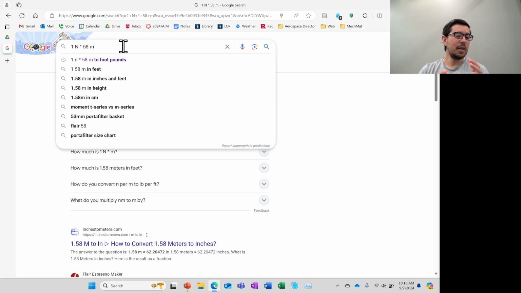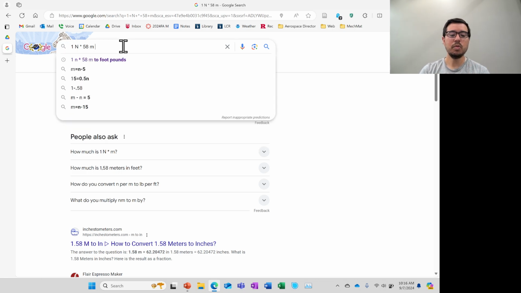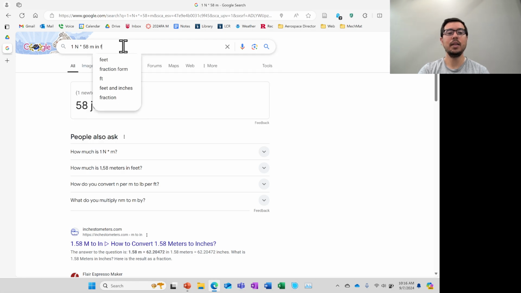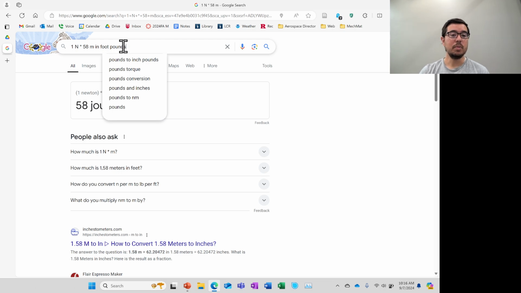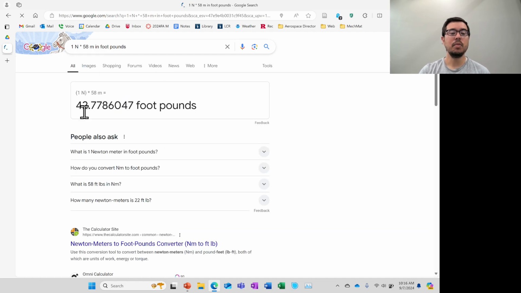This indicates that a simple Google search is capable of handling units, which, as you've seen with our efforts in Python, we have to keep track of ourselves. So we can do 1 newton times 58 meters in foot-pounds, and it will give us a result of 42.8 foot-pounds. So if you have multiple units, and we will during the class, it's often simple to use Google to keep track of your units.